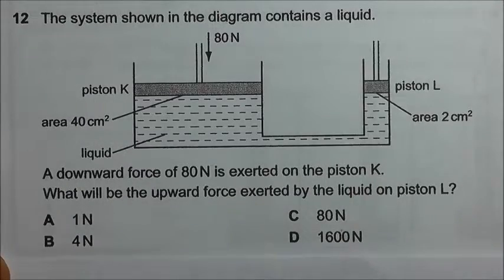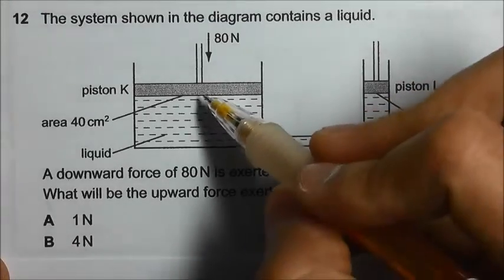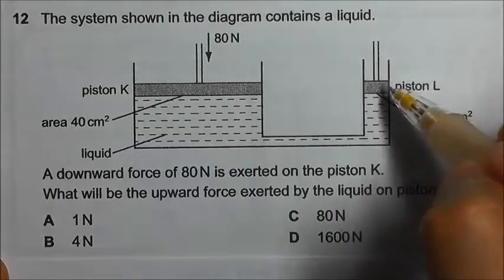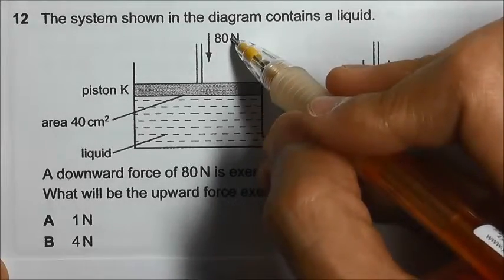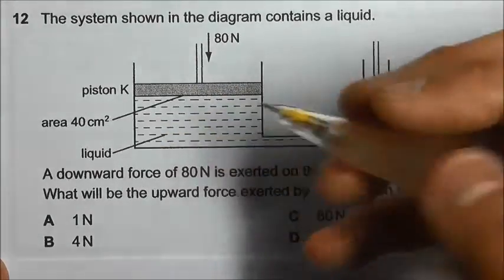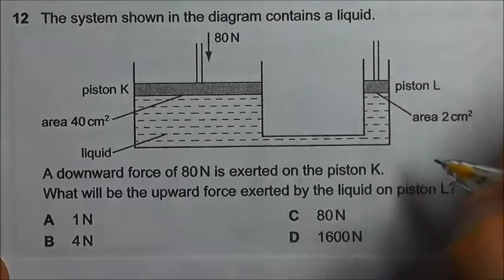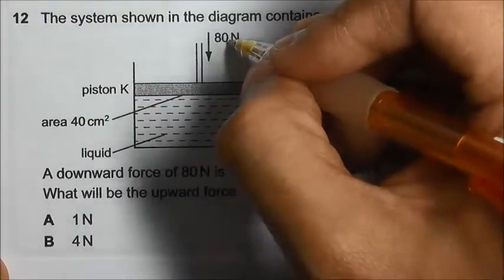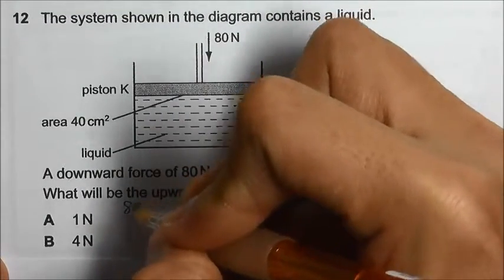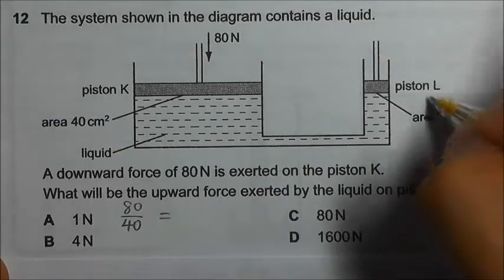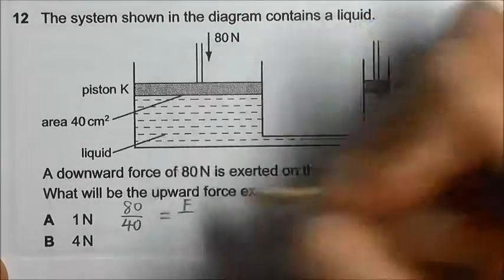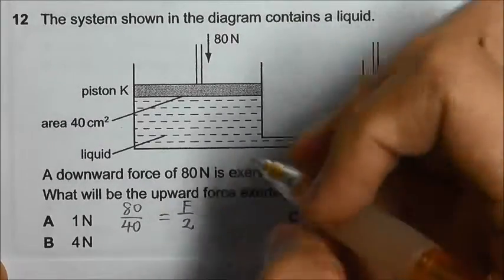Okay, this is a hydraulic system. So the pressure on this side is the same as the pressure on this side. Pressure can be calculated by the force divided by the area. So now let's write down an equation. 80 divided by 40 is equal to the force on piston L divided by 2.